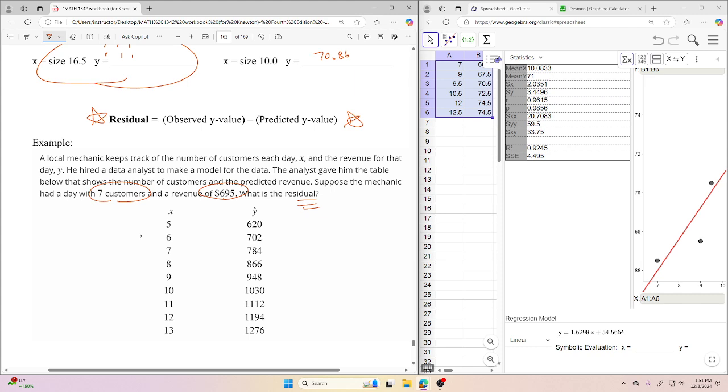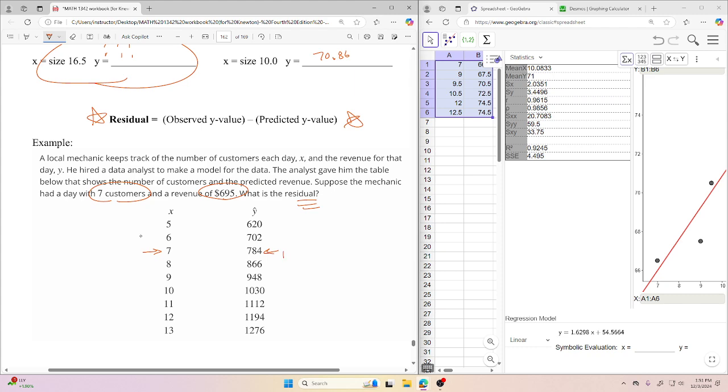So residual is, I would say, kind of like the error. It's the difference between them. And notice our formula, right? Minus sign, difference. I need to literally look at this formula and do exactly what it says. So I've got 7 customers, and this right here, this table that I have, is the predicted.